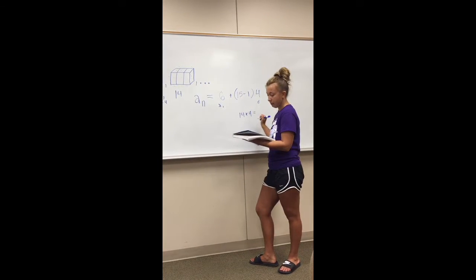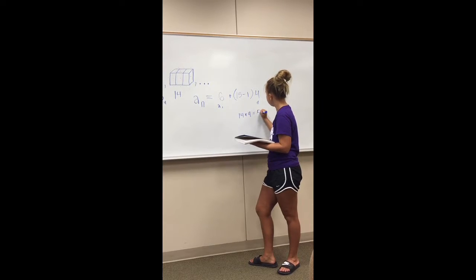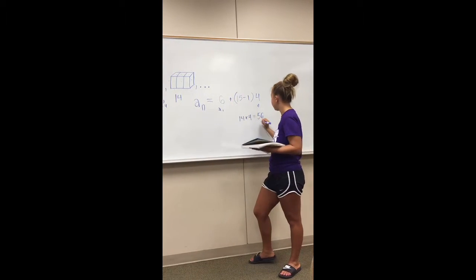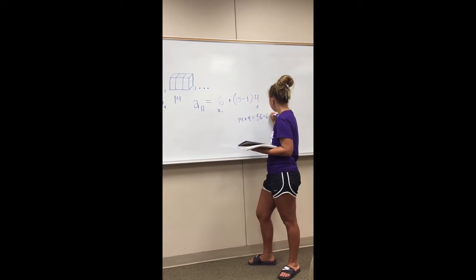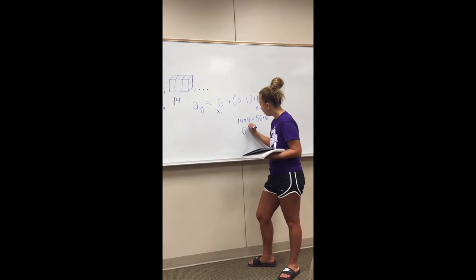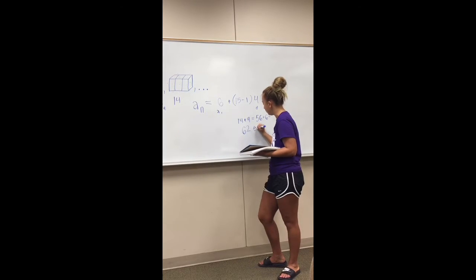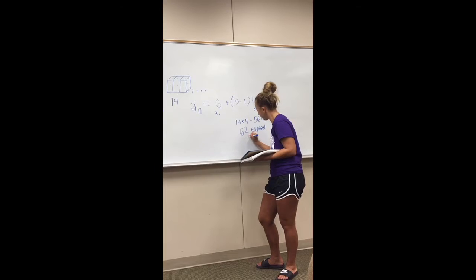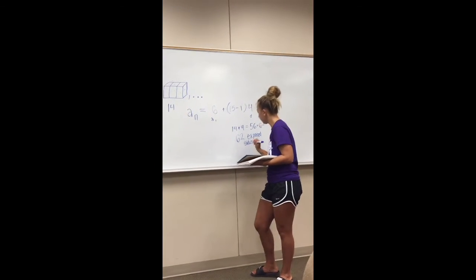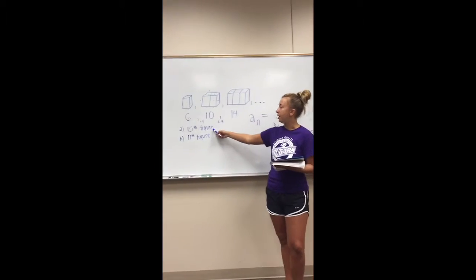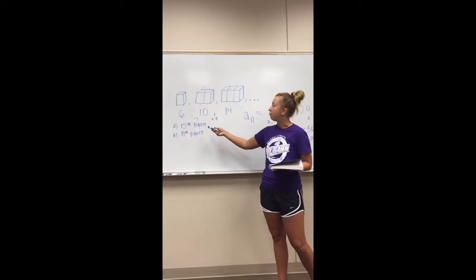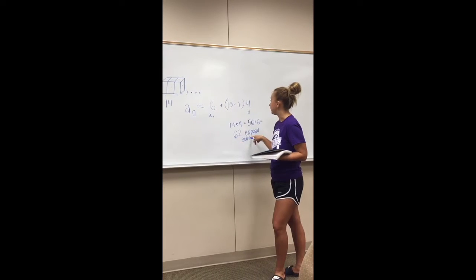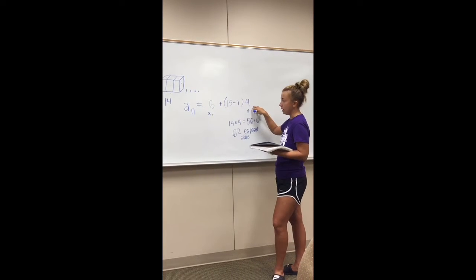That will give us 56. Then we're going to do 56 plus 6, which would give us a grand total of 62 exposed sides. That would be our answer for A for this problem, because if we wanted to see how many exposed sides there would be for the 15th figure, it would be 62, since we are using this formula.